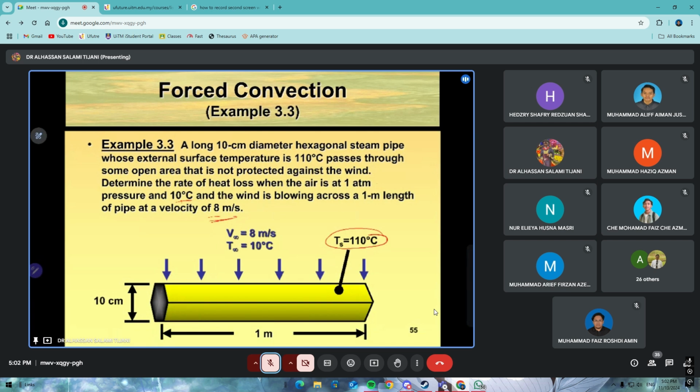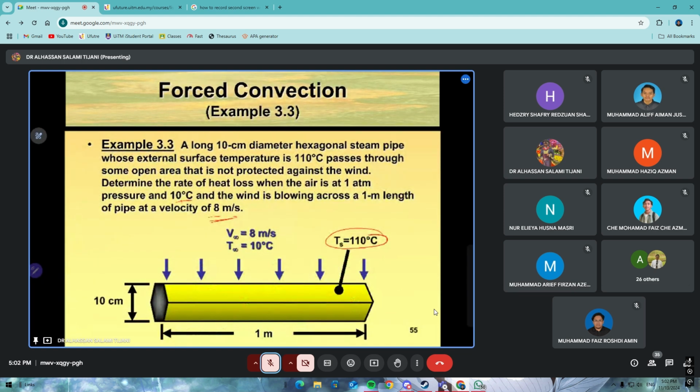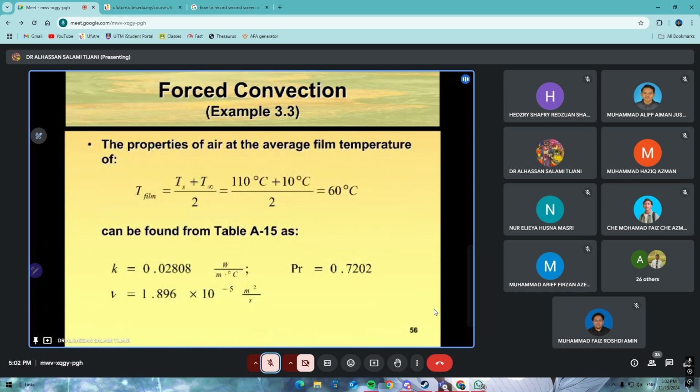Basically, it is similar to this particular question. The difference is that this is hexagon. So now, as usual, we will calculate the thermal film temperature. Then after that, we will use this to identify the Prandtl number, thermal conductivity, kinematic viscosity, and so on.